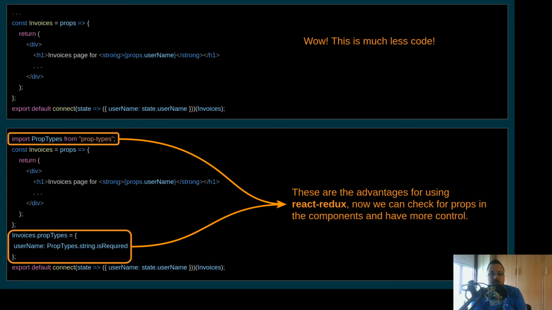And because we are using the connect, people will also understand that these prop types come from Redux, because if you see the prop types, you see that the one called username is also in the mapStateToProps. You say, okay, I understand that these are the props that will be received by the component, so I know what I'm dealing with. We are modularizing our code.